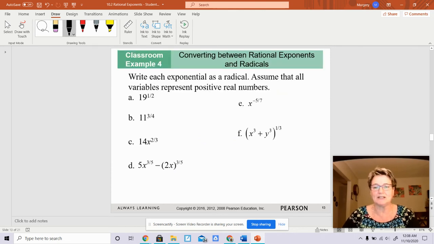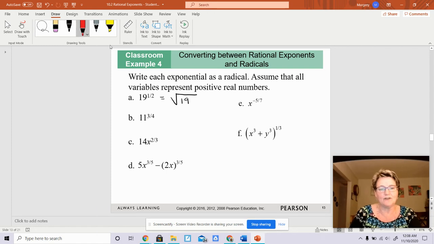Write each exponential as a fraction. So we're just going to be writing them down. We're not solving for anything. Remember, the denominator is your index. The numerator is your exponent on the 19. So this is going to be the square root of 19. If it makes it easier for you, I will put a 2 here and I will put a 1 there, because you don't have to do that because it's a square root.